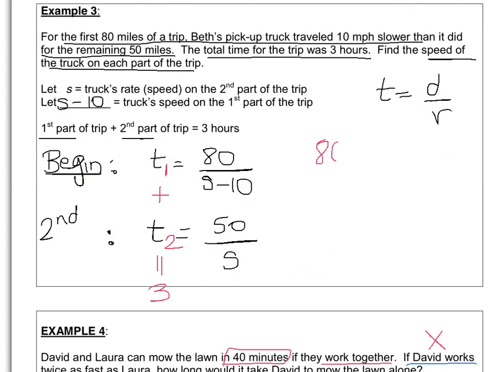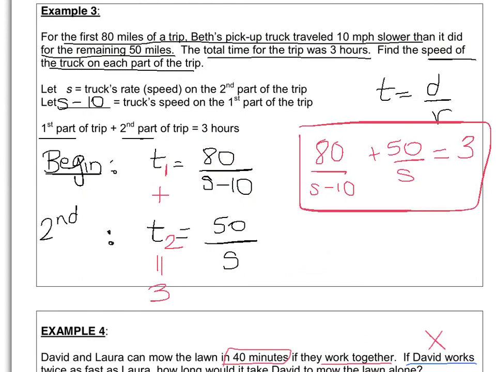So 80 over s minus 10, which is the time he took to travel the first part, plus 50 over s, the time taken to travel the second part. Altogether, he spent 3 hours. This is how you set it up. You can put over 1, and you can use the 5/8 lesson to be able to solve for s, which is your speed. I hope this is helpful.